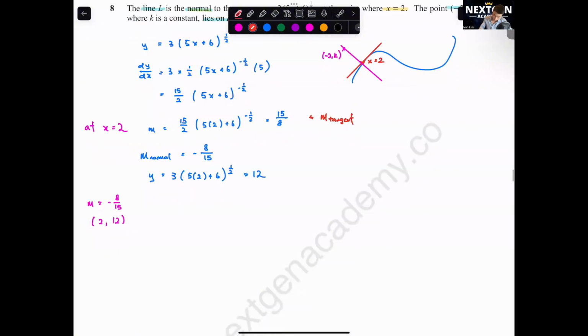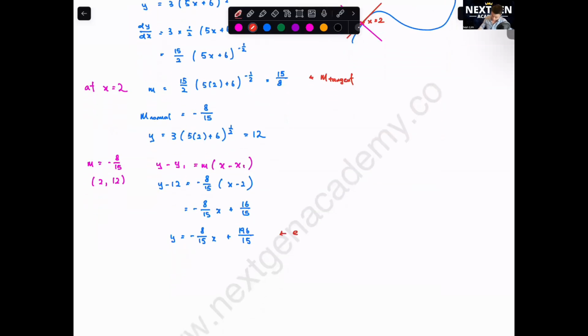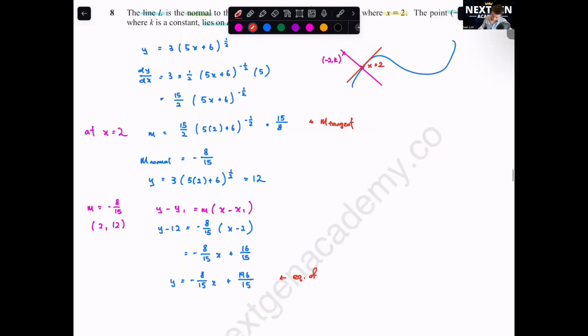We substitute this into y minus y1 equals m(x minus x1), or if you want to do y equals mx plus c, also can. So y minus 12 equals negative 8 over 15 (x minus 2), so y equals negative 8 over 15 x plus 16 over 15 plus 12, which gives 196 over 15. This is your equation of the normal.